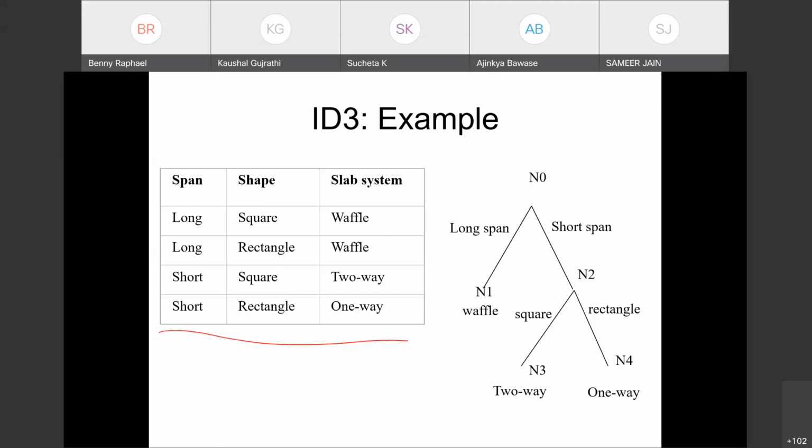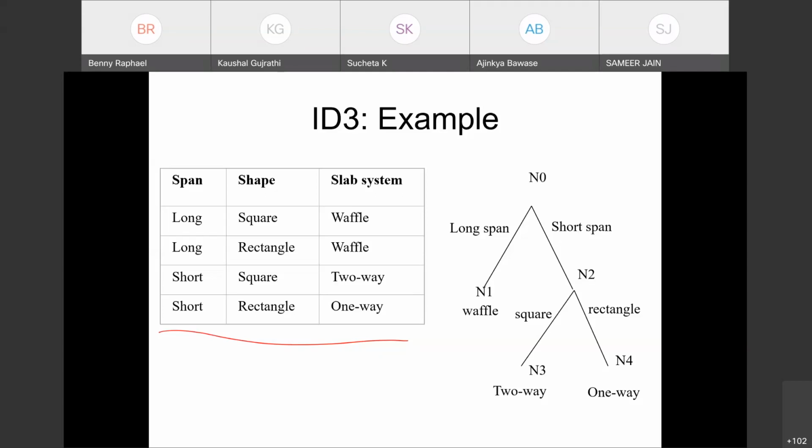Okay, so this is the example I used for my PhD. That's why you see it in my textbook, and a lot of lecture notes use this example. The problem is selecting a slab system for a building. We have the data for span and shape, and the corresponding value for the slab system.